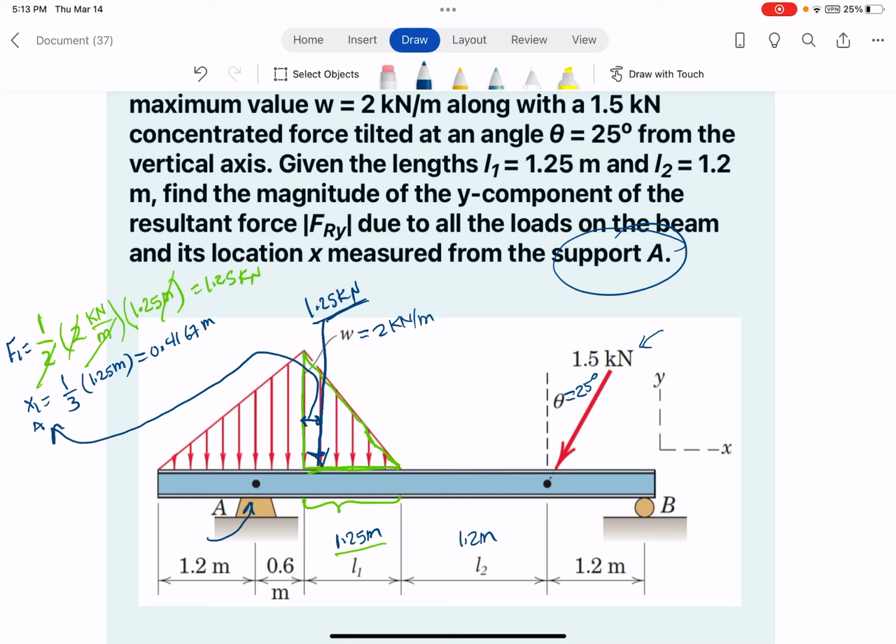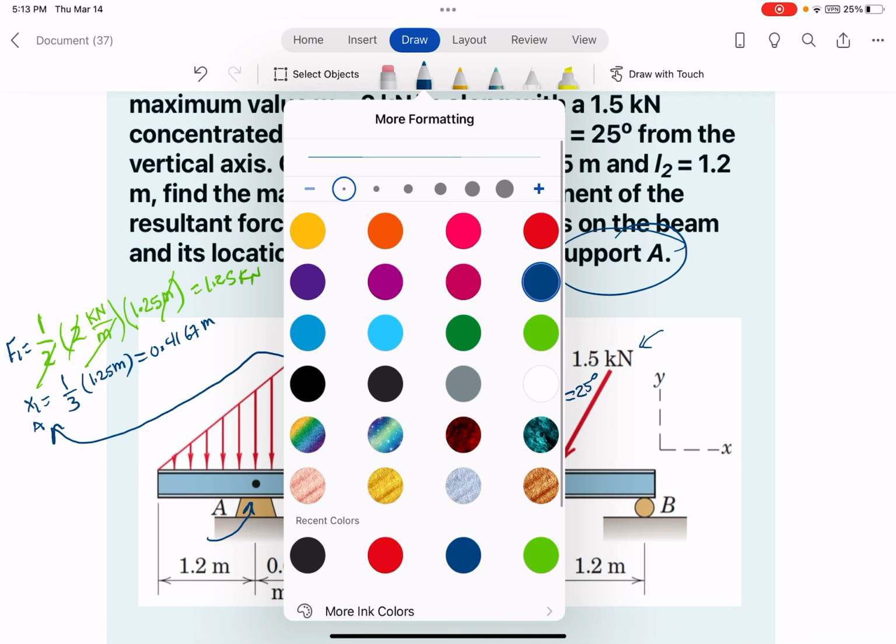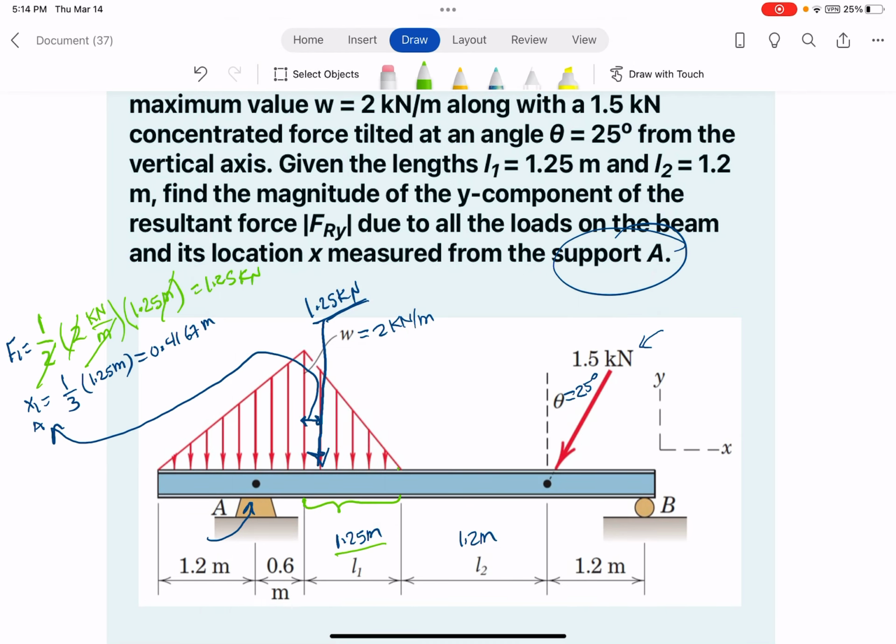Now, let's find the other triangle. So let's just erase this. Okay, let's find the other triangle. We just make it green again. Let's find this force, and let's call this one force 2. It is 1/2.